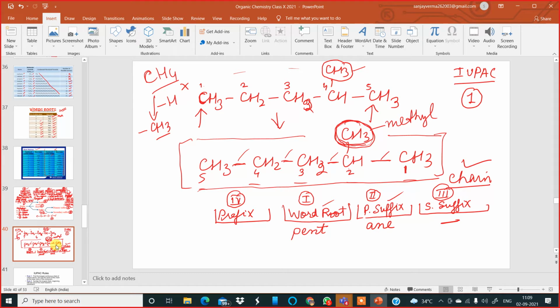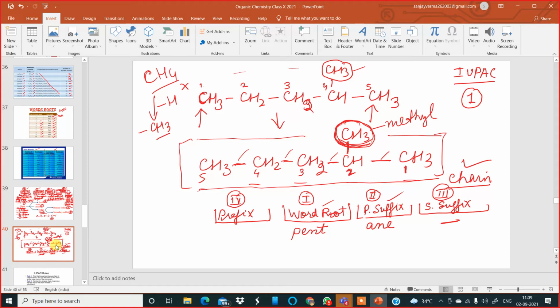Now this methyl group, it is present on which carbon? Methyl does not exist independently, but a methyl group is possible theoretically, and it is linked to this second carbon atom.